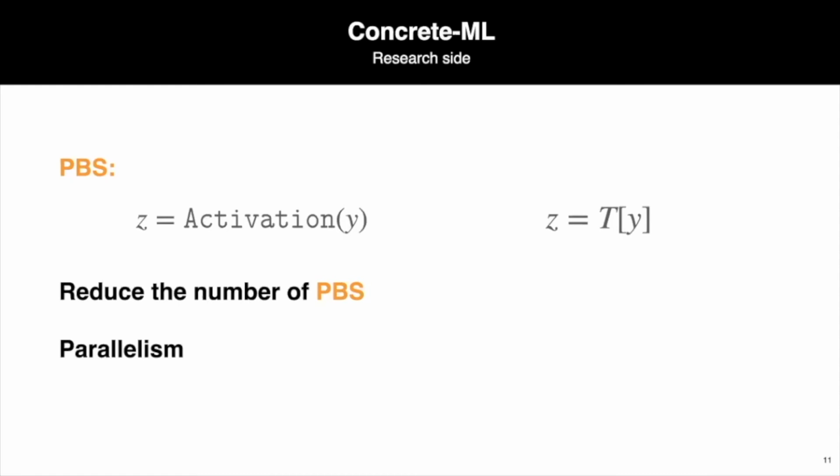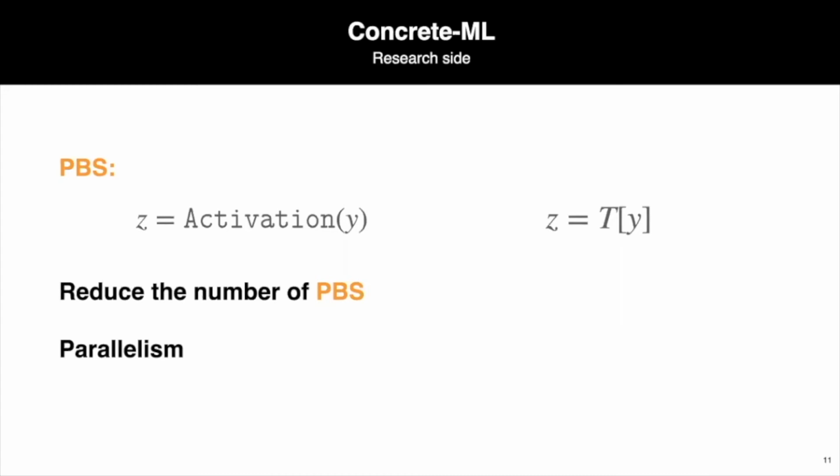So one part of the research is about reducing the PBS, and another part is about having PBS which can be done in parallel. So it's possible to compute PBS on independent values at the same time, I mean.